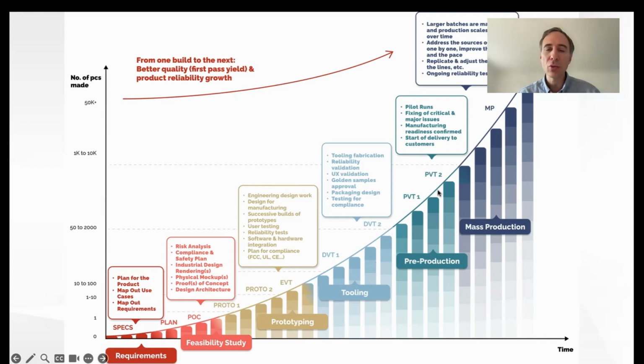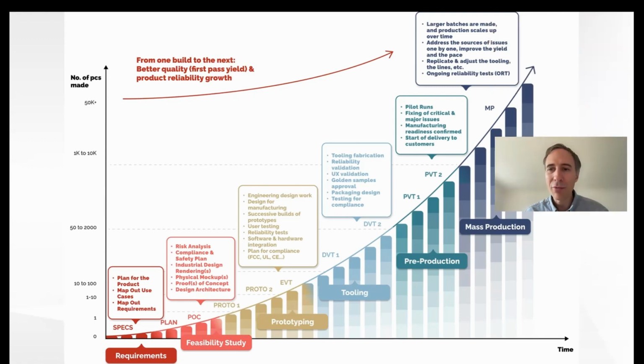Then pre-production to actually run the process the same way as mass production and validate that there's no very big issues, but usually there's always some issues that come up anyway. And then mass production with its typical challenges of being able to ramp up while improving quality, reducing the first pass yield, and so on, and keeping component manufacturing, assembly, and so on consistently good, right? So this is at a high level what we call the NPI process.